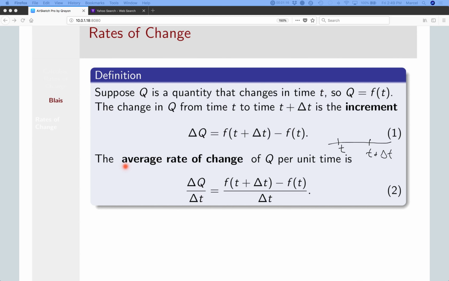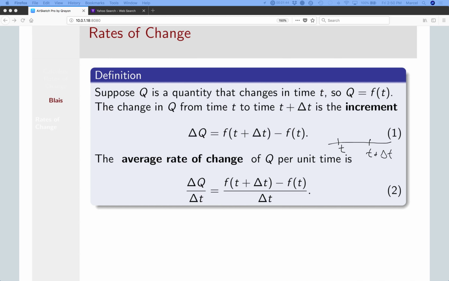Then the average rate of change of Q per unit time is that increment, how much the quantity has changed over the time interval, divided by the length of the time interval. And you can see delta t you can obtain by taking t plus delta t minus t. And we'll see an example of this in the next slide.